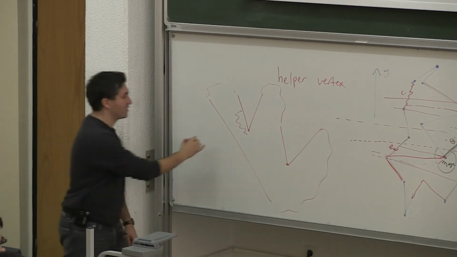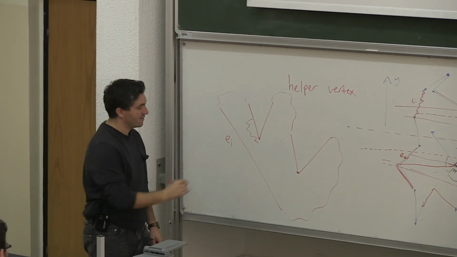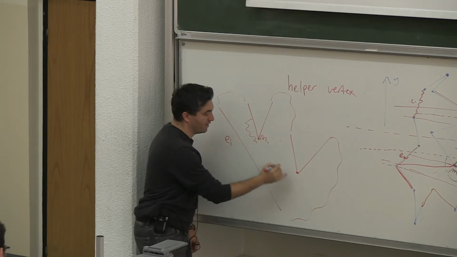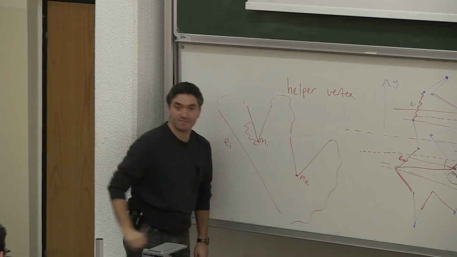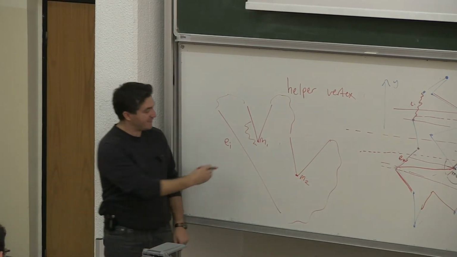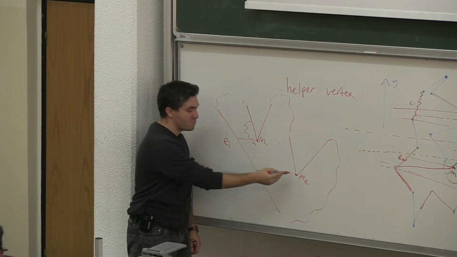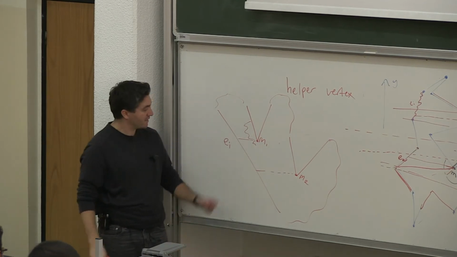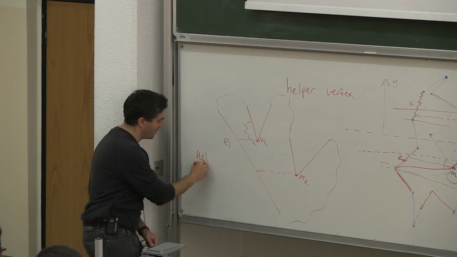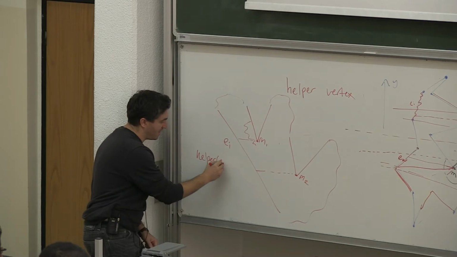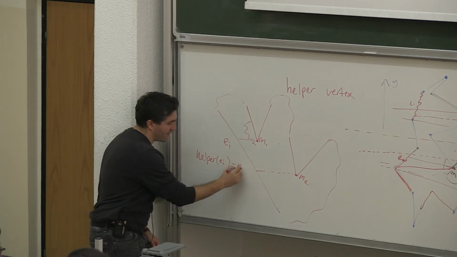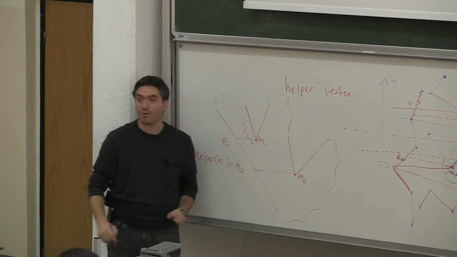Look at this edge, EI. This is the merge vertex, merge 1. This is merge 2. At this event point, merge 2 replaces the helper, so the helper of EI becomes M2 at this event point.